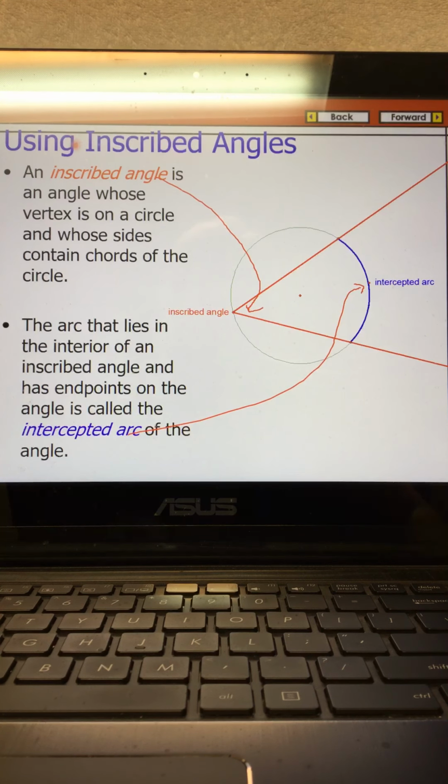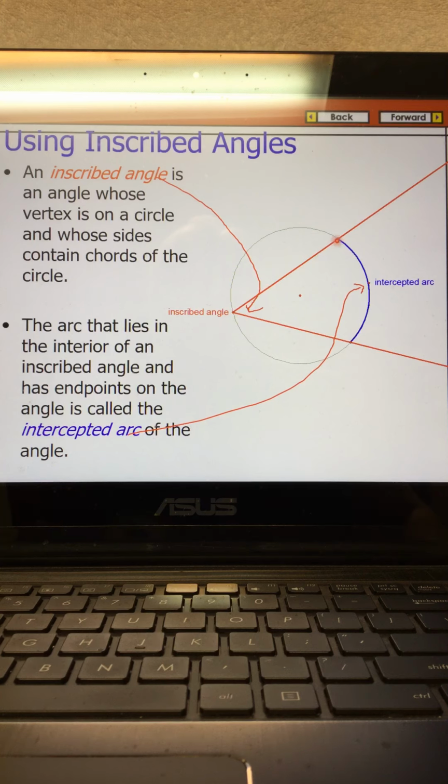All right, here's the big definition for today, inscribed angles. An inscribed angle is an angle whose vertex is on a circle and whose sides contain chords of the circle. Right here, it's marked on your paper. This is the inscribed angle. Its vertex has to lie on the circle.